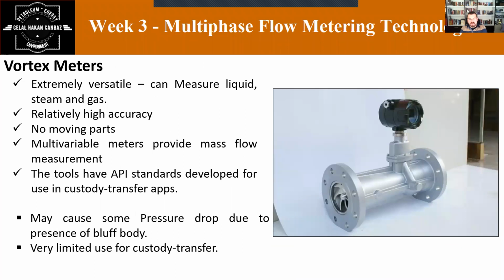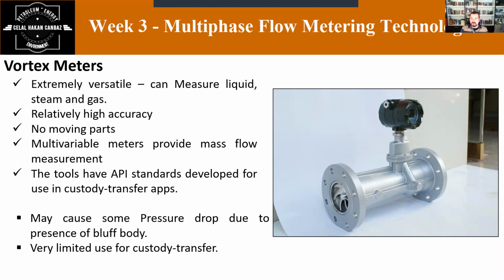So, vortex meters. A vortex flow meter measures flows of liquids, gases, and steam by sensing the frequency at which vortices are alternately shed from the bluff body. The frequency at which the vortices are alternately shed is directly proportional to the flow velocity.